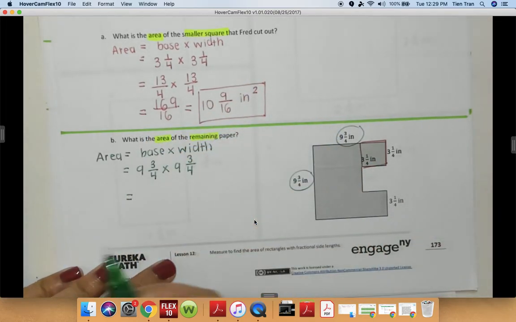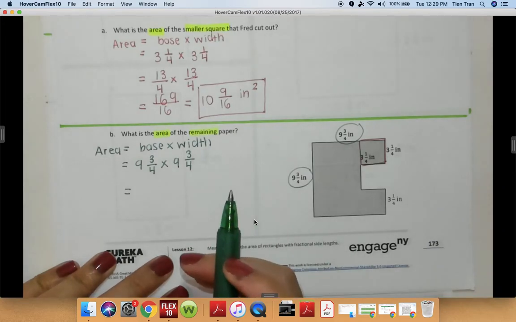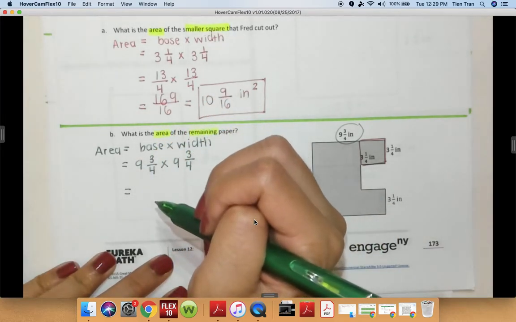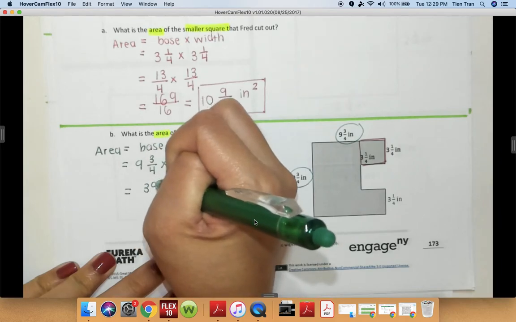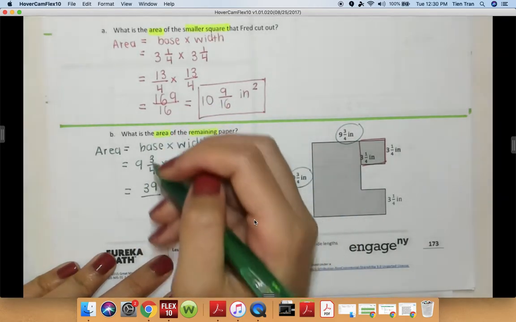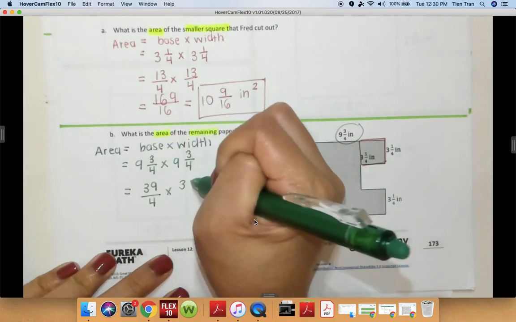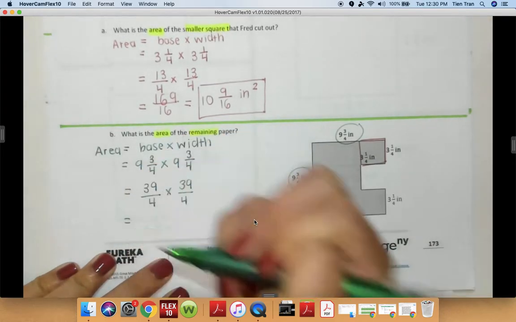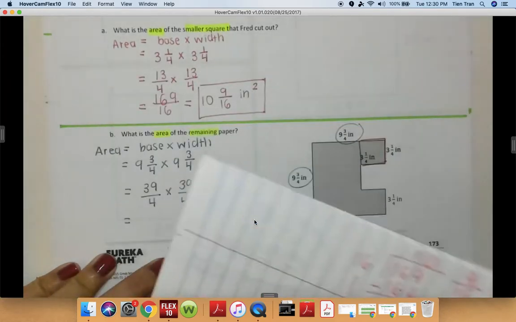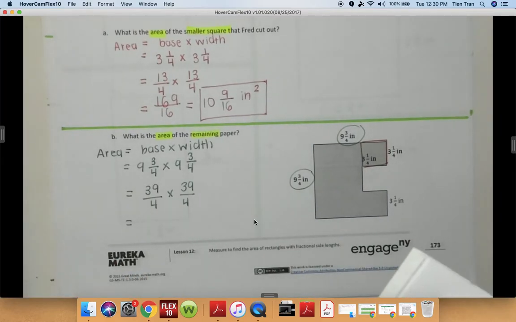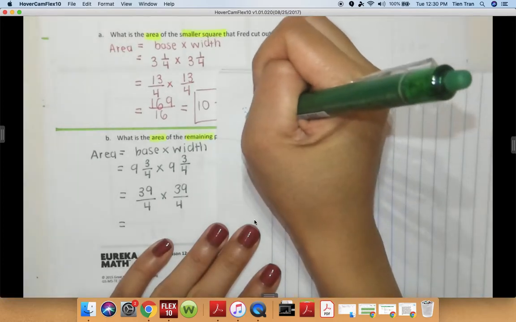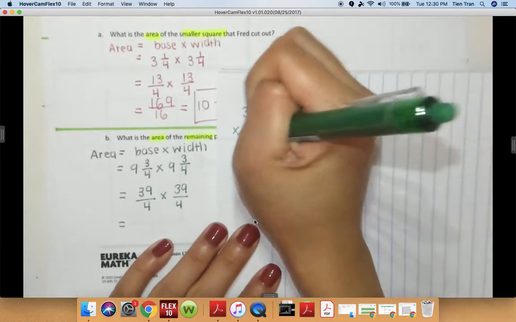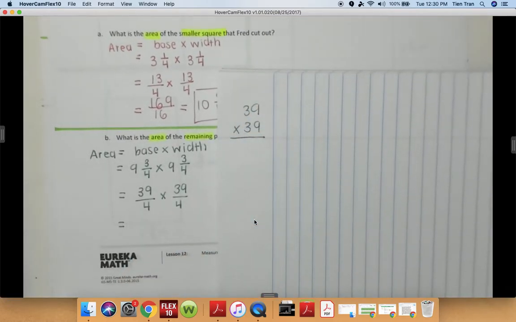9 times 4 is equal to 36, and 36 plus 3 is going to give you 39. Okay, and 39/4 times 39/4. Now I'm going to multiply 39 times 39. And if you figured out a different way, or your mom and dad taught you a different way to solve these problems, perfectly fine.